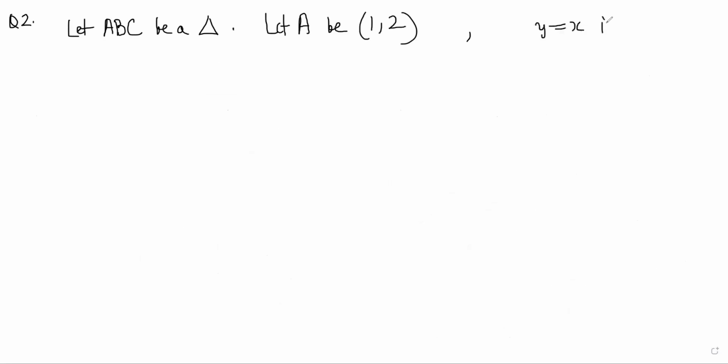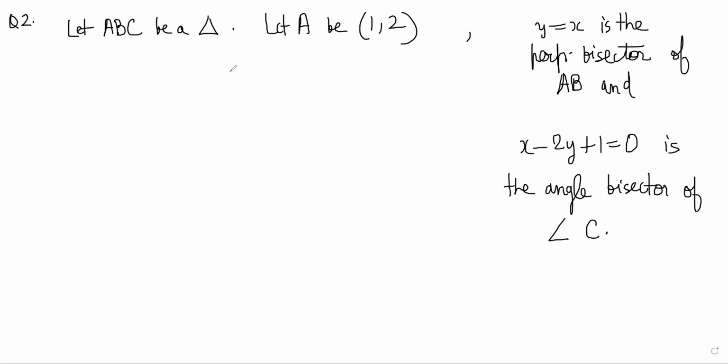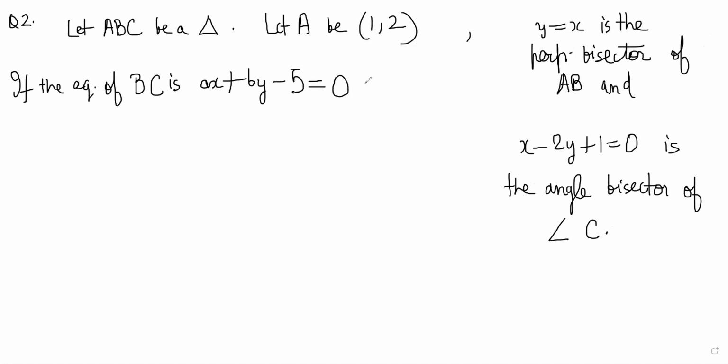Y is equal to x is the perpendicular bisector of AB, and x minus 2y plus 1 is equal to 0 is the angle bisector of angle C. If the equation of BC is ax plus by minus 5 is equal to 0, find a plus b.